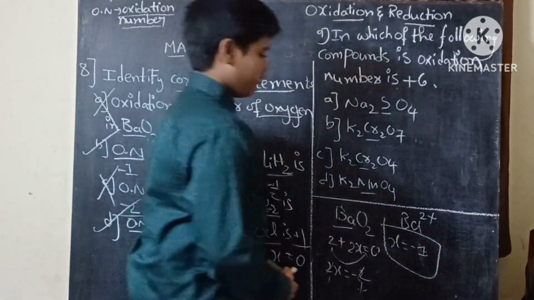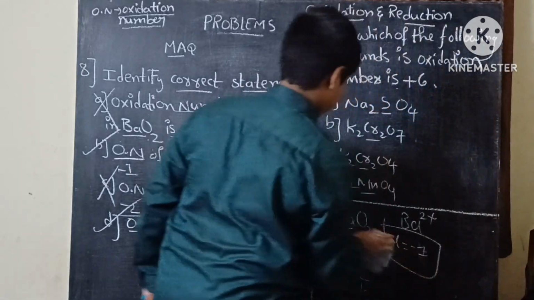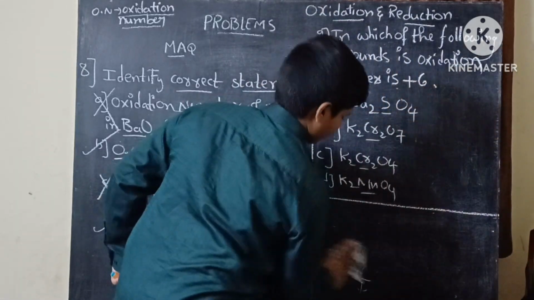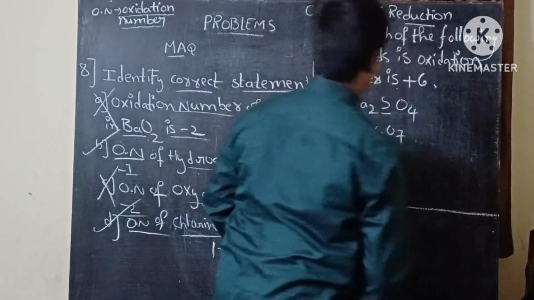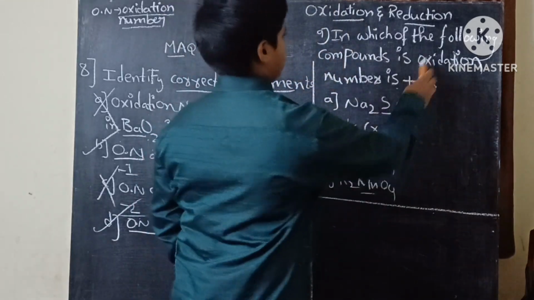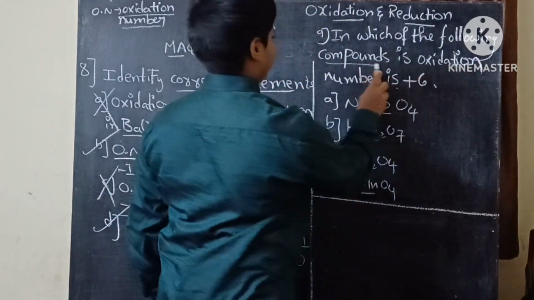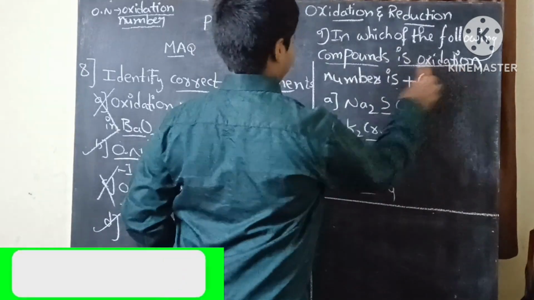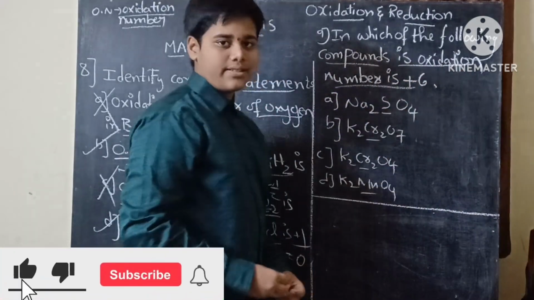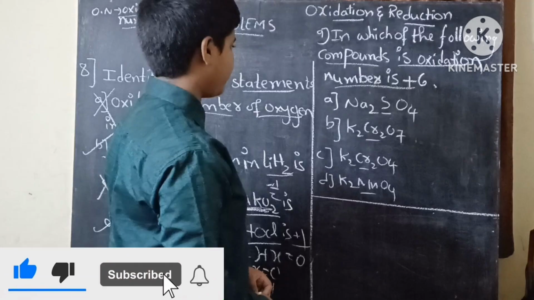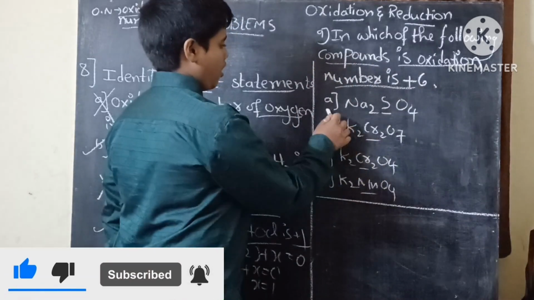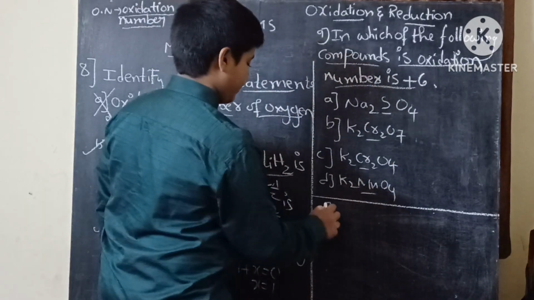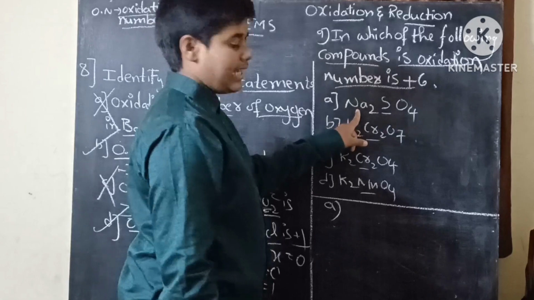And the ninth question. In the 9th question: in which of the following compounds is the oxidation number plus 6? Option wise, option A, Na2SO4.